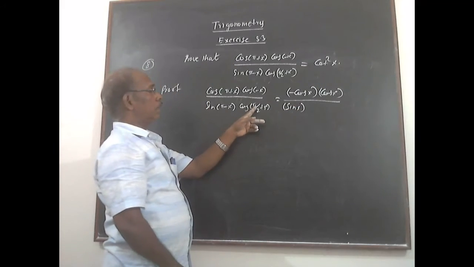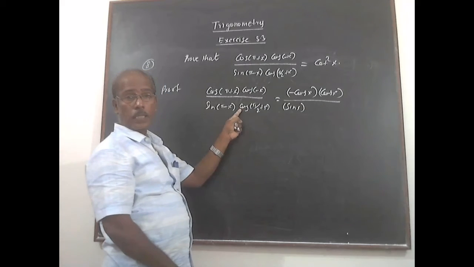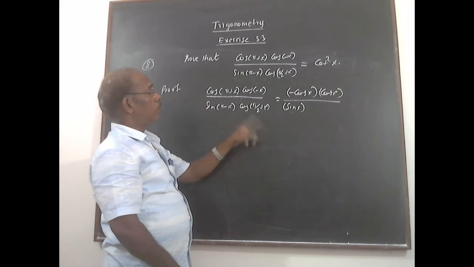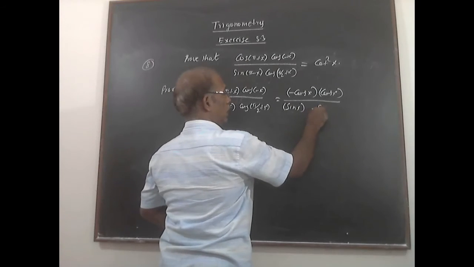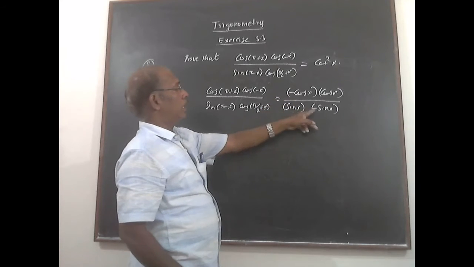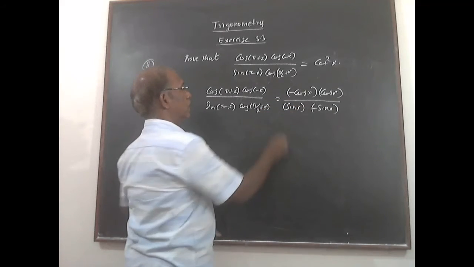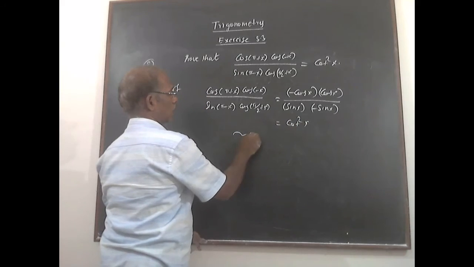And cos of 90 plus x, second quadrant, in the second quadrant cos is negative, allied angle pi by 2 means cos goes to its co-ratio, sin, minus sin x. Negative and negative positive, cos square by sin square, and cot square x.